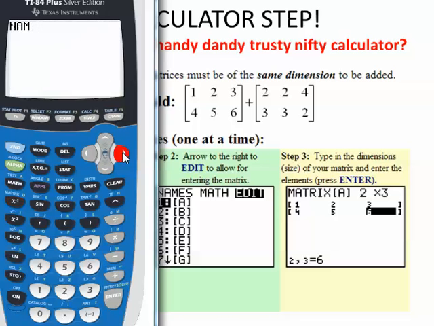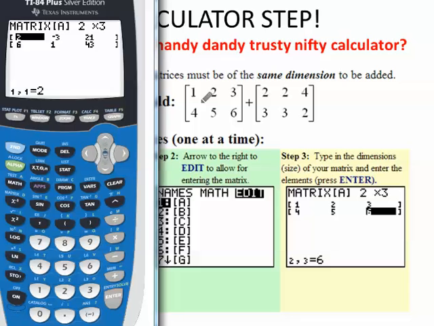So I'm going to move over to edit, and press enter because I want to enter a matrix into A. Now the matrix we're entering is a 2 by 3 matrix. See how it says right here, 2 by 3? It's got 2 rows and 3 columns. So I'm going to enter 2, and I'm going to enter 3, and I'm sitting right there at the first position for the matrix.